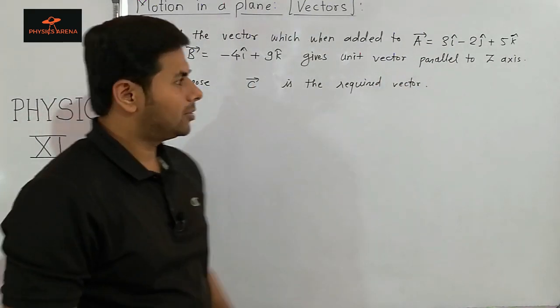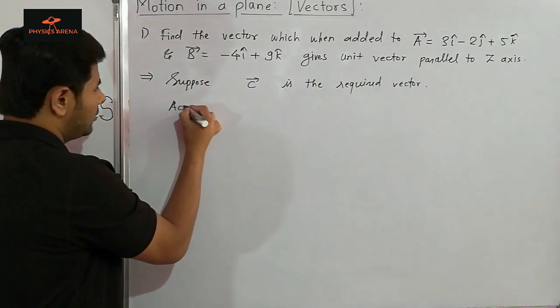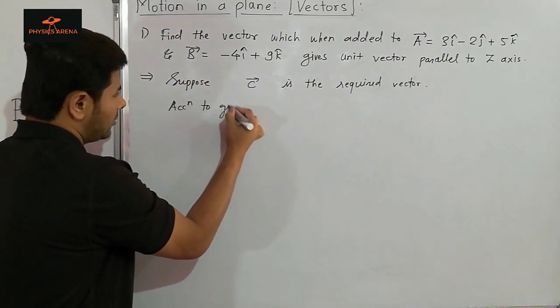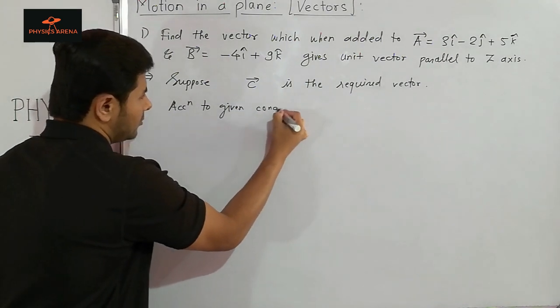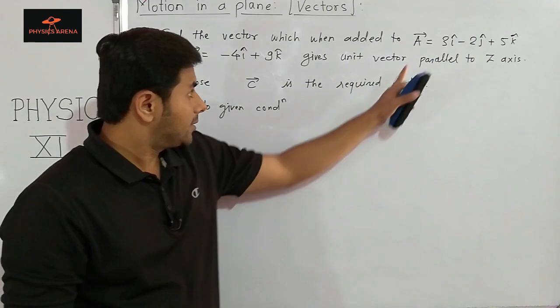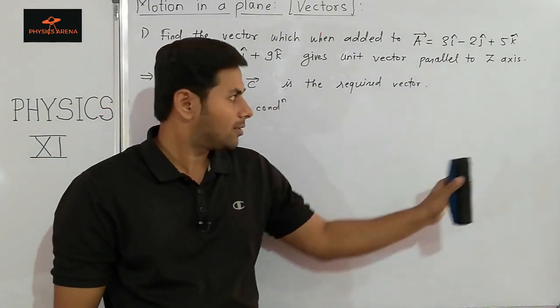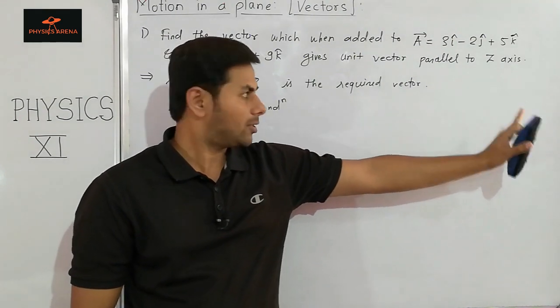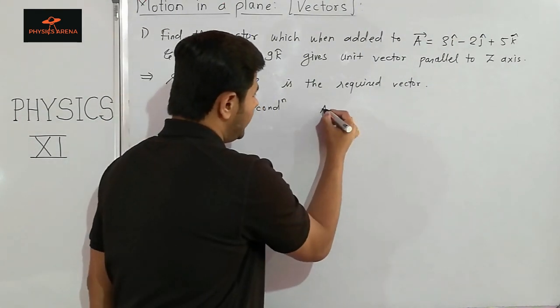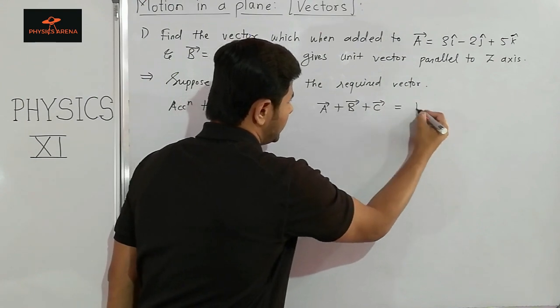So according to the given condition, I can write that a bar plus b bar plus this required c bar will give me a unit vector along z-axis. So a bar plus b bar plus c bar equals k cap.